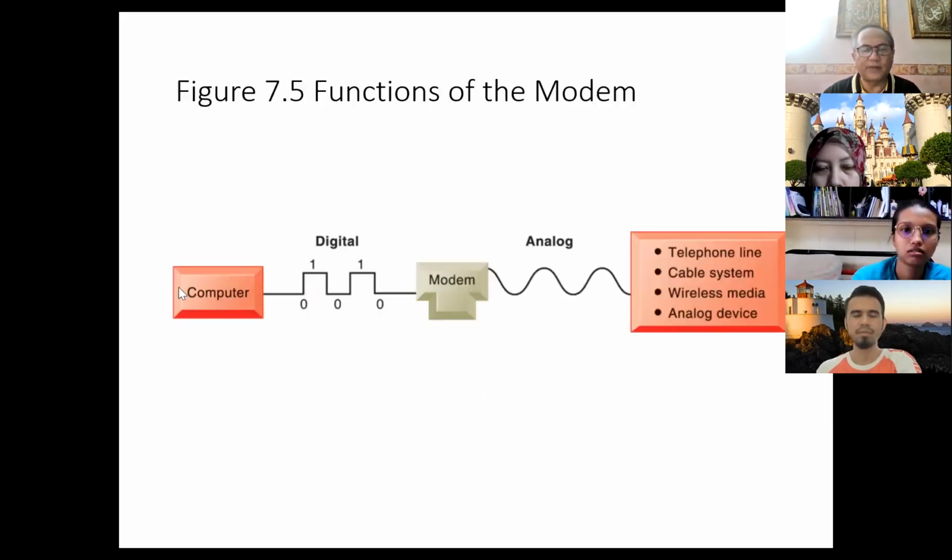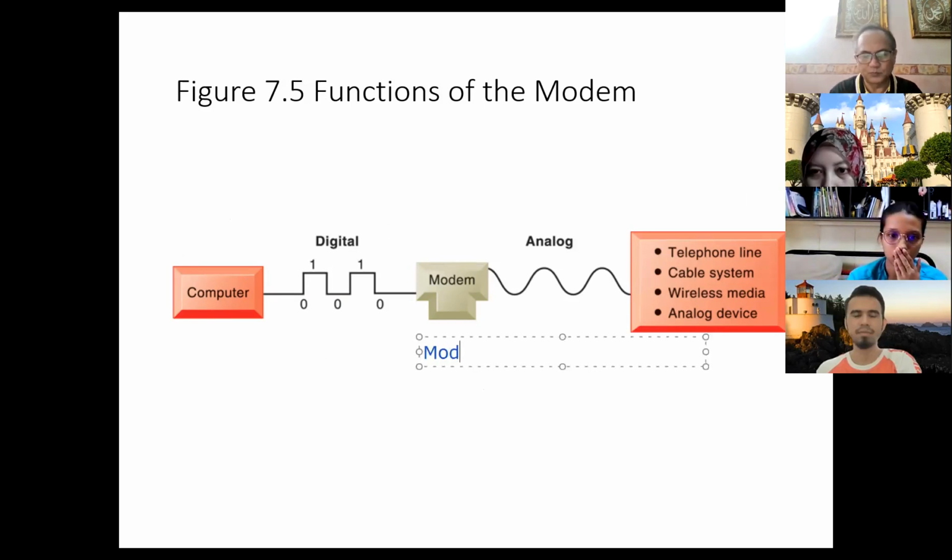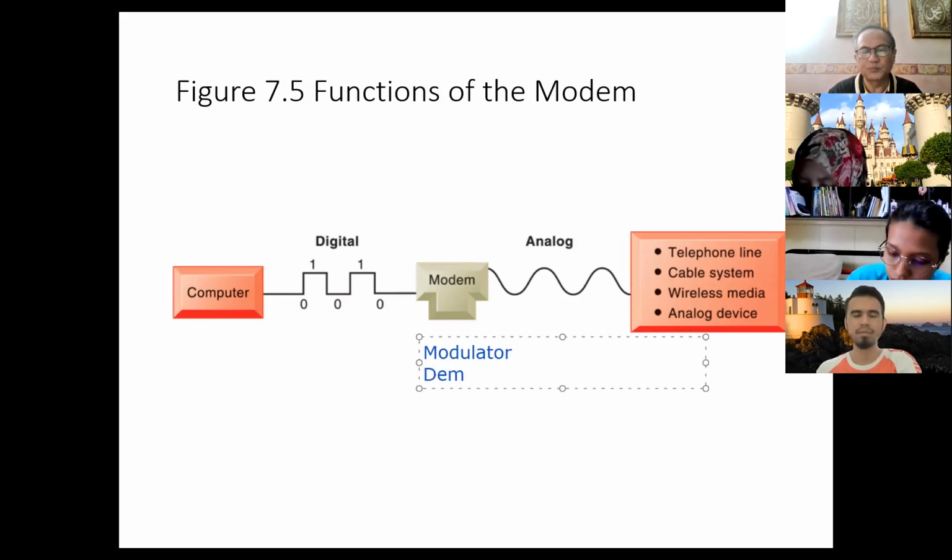This is a modem function where the computer transmits digital data, digital signals, passed to the modem. Modem stands for modulator, demodulator. We don't use a lot of modem anymore today.